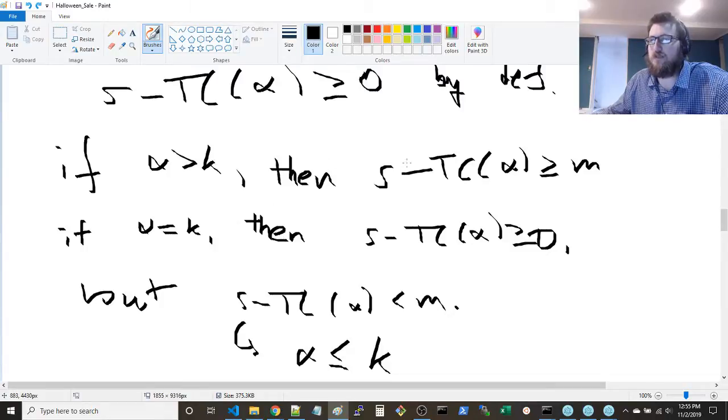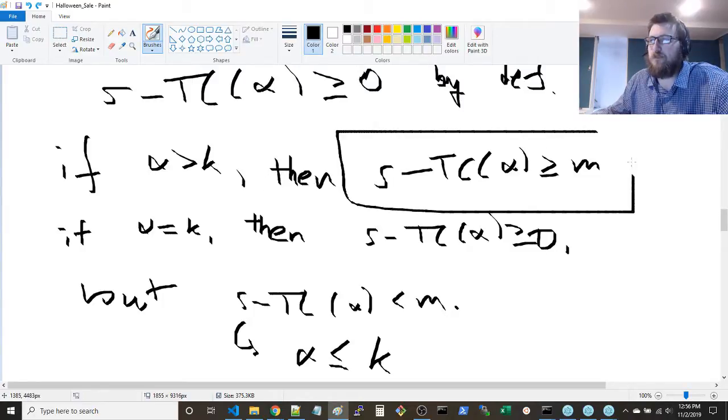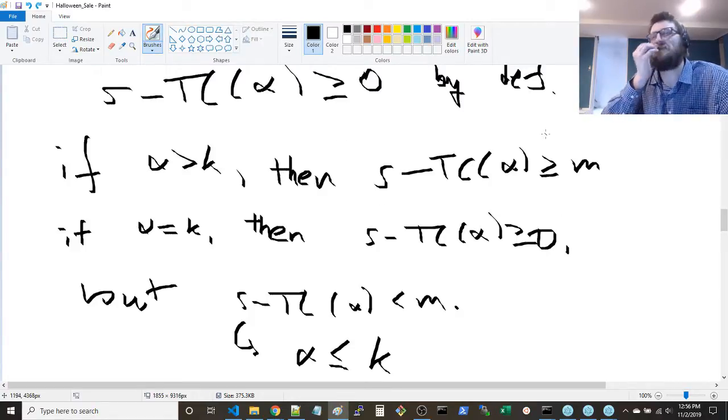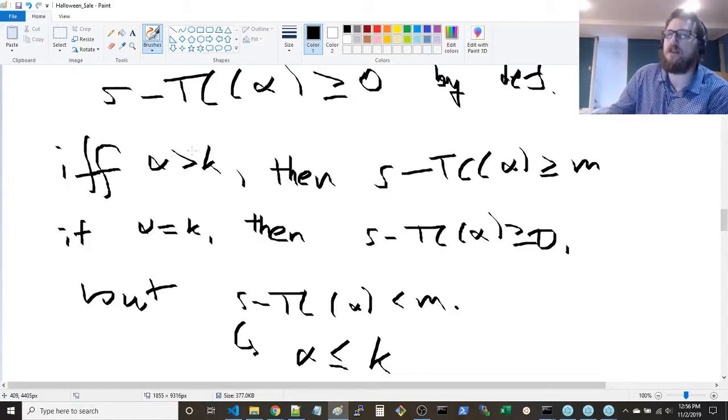And actually, the converse is also true. So if what is it? No, hold on. It's the other way around. It's if and only if, I think. The key thing to note is that this is by definition of the problem.